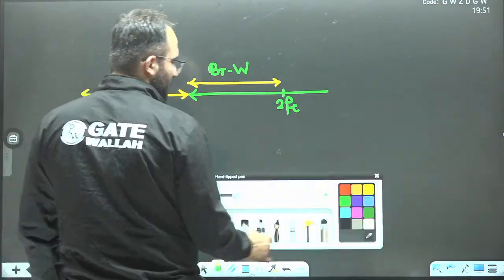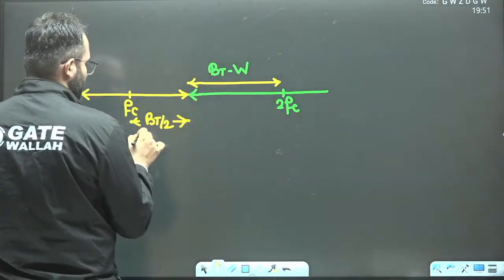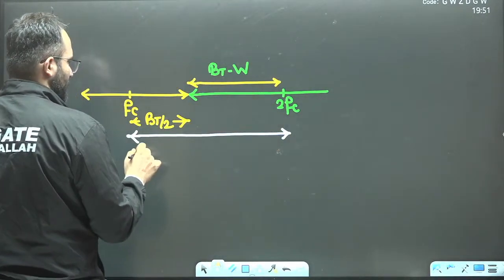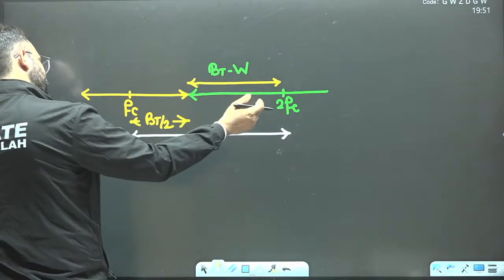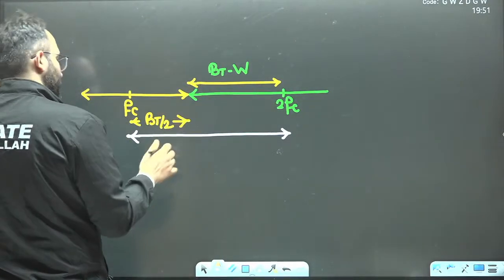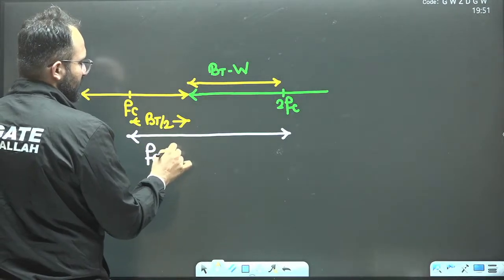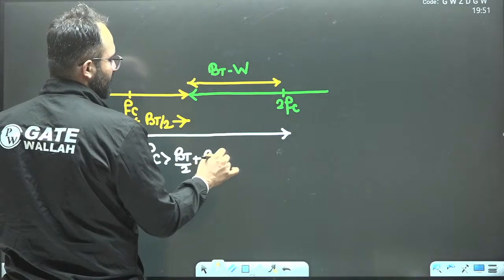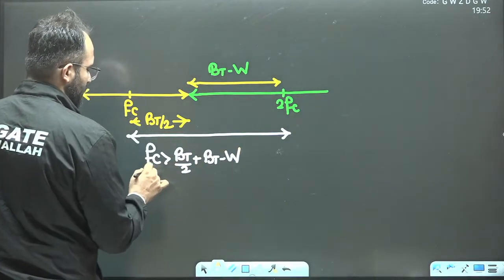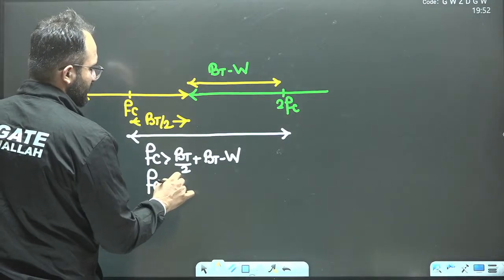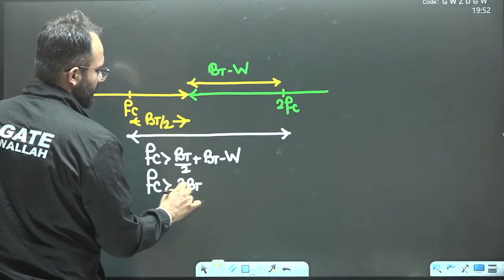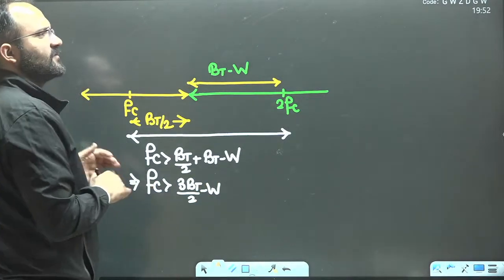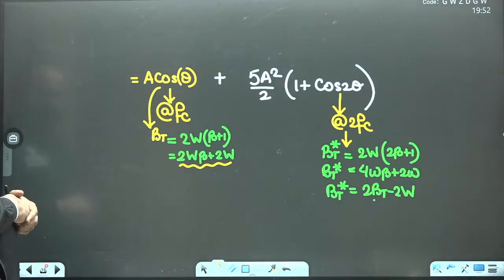Now we know the total gap between these two, that is FC. So we want that the gap FC should be greater than this whole gap. So FC should be greater than the total gap available, that is BT by 2 plus BT minus W. This is the kind of relationship that you need to find.